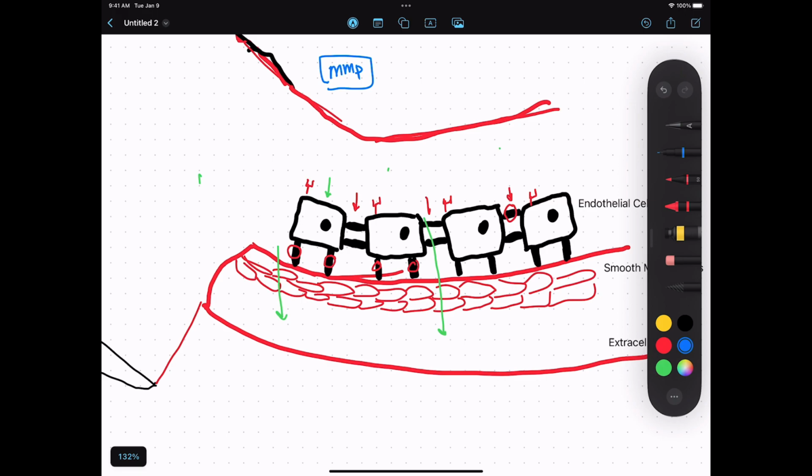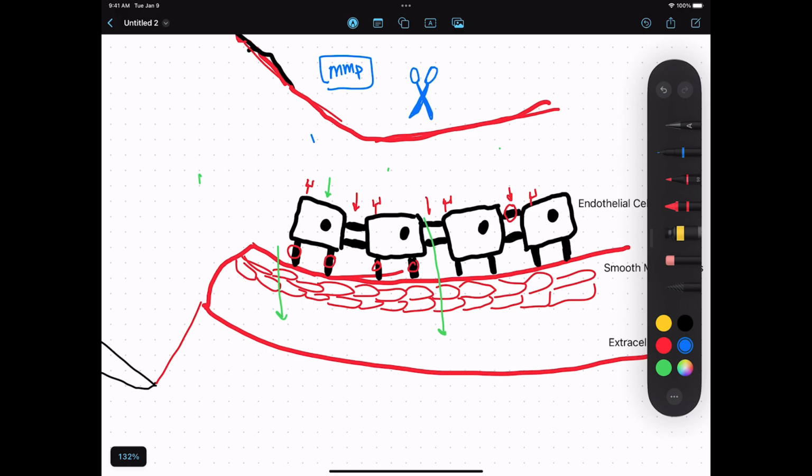As I drew on my previous slide, these are proteins that act like scissors. These are really important for vascular remodeling.